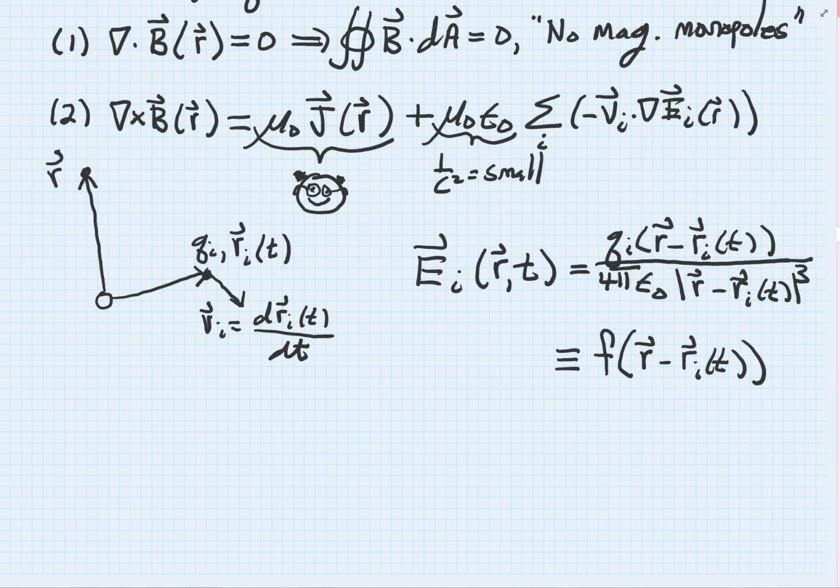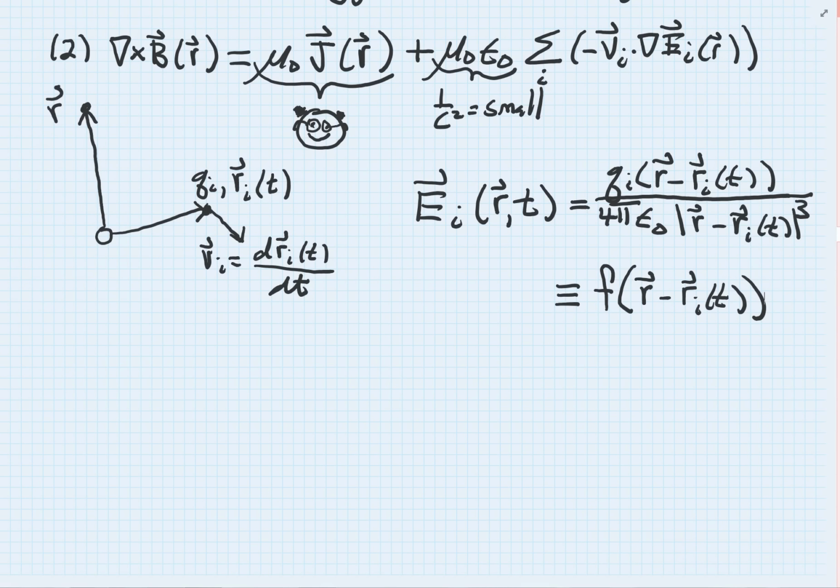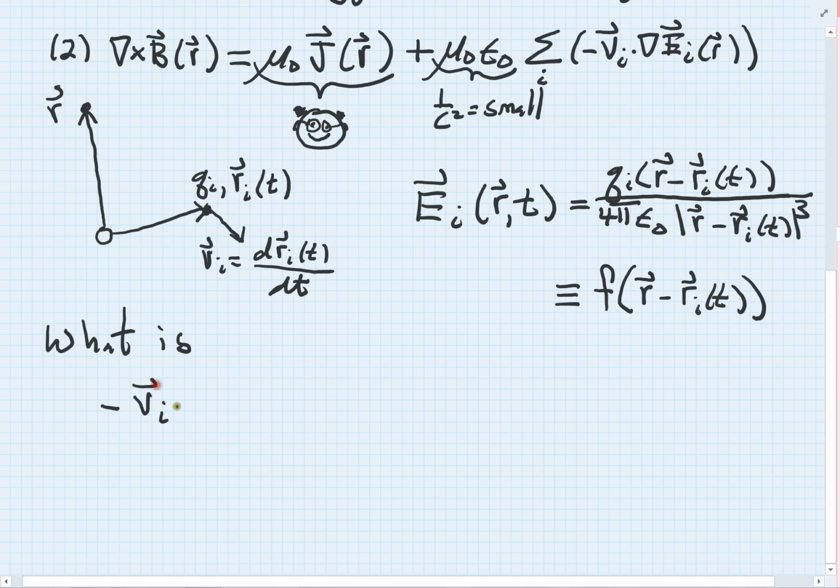Very good. So now that raises the question, since we understand what this structure is, what actually is this term? It has some interesting features to it, and that's what we're really trying to understand. What ultimately is the value or meaning of this minus v_i dot del of E_i?